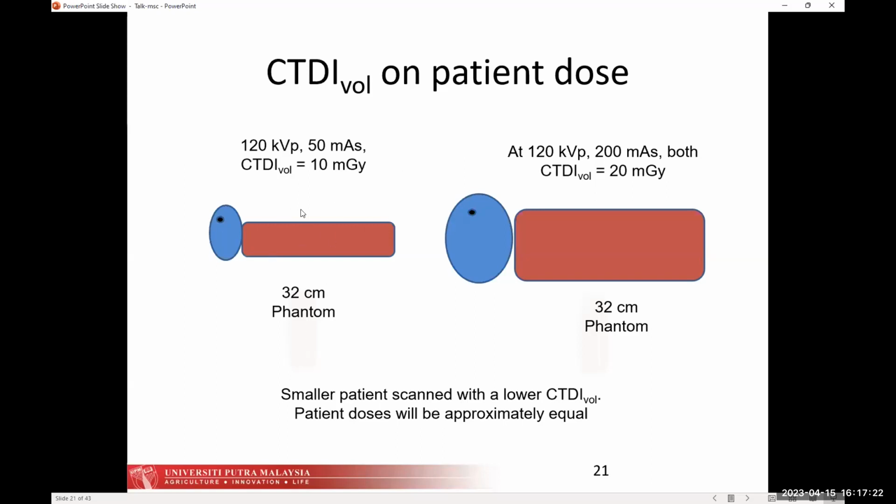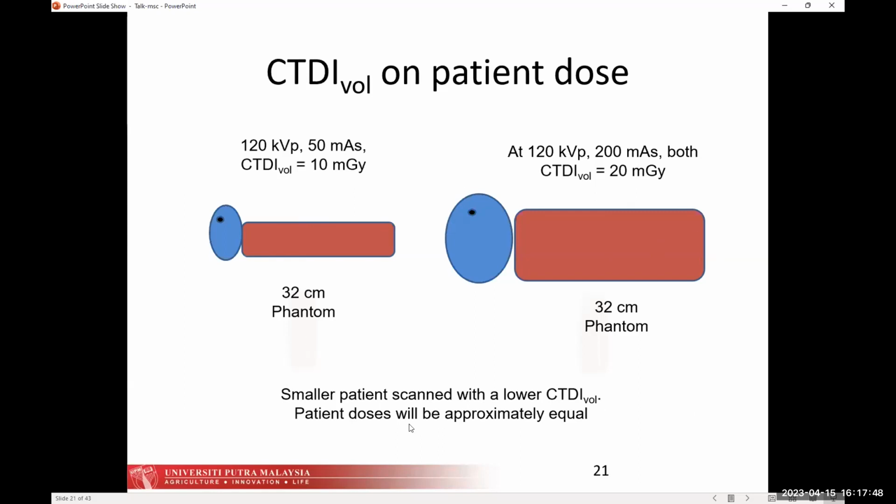Let's say for the smaller patients, we reduce the mAs, the tube current, to 50 mAs. Now we can see that the CTDI vol is reduced by half, which is 10 milligray. And for the larger patient it is still the same because of the same acquisition parameters, which gives us 20 milligray.